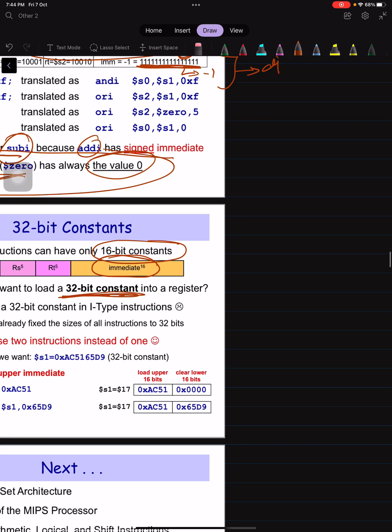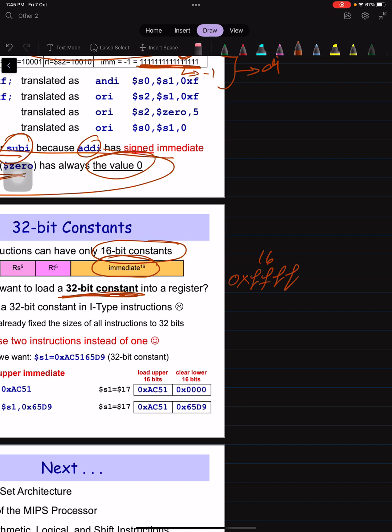He only has 16 bits. What does 16 bits mean? It means 4 hexadecimal places, so the maximum he can have is F.